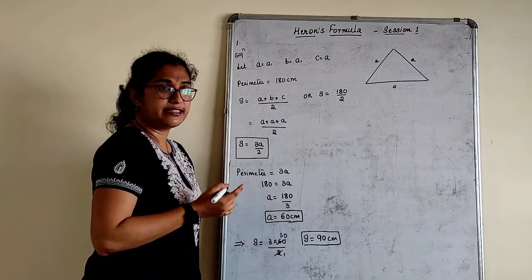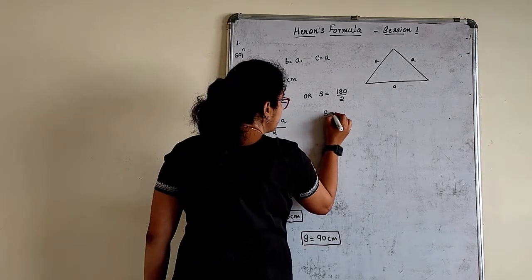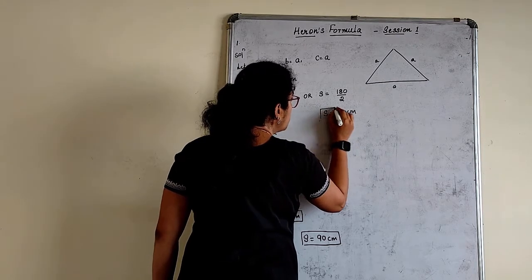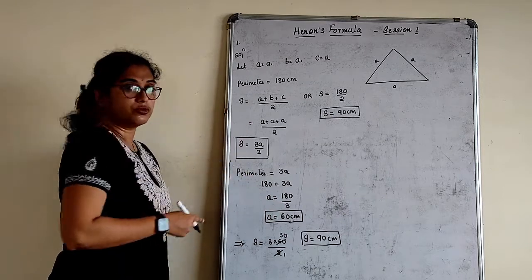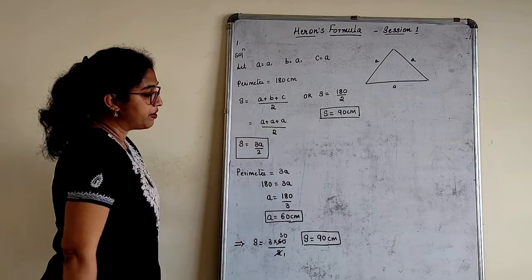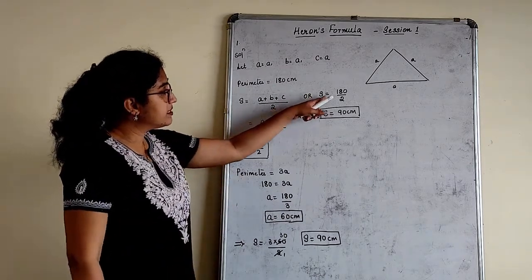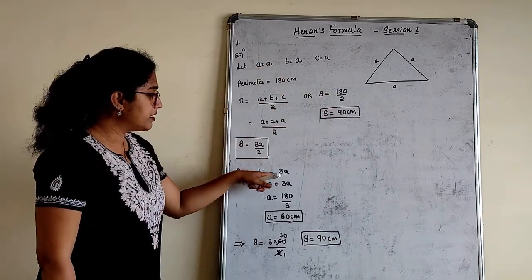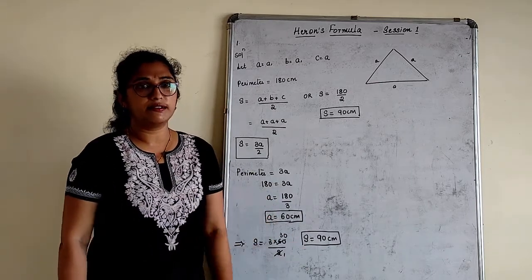Directly I will get s is equal to 90 centimeter. Just to tell you how to find s here also. But a to find, we have to do this. When we get 60 centimeter, s can be found out like this also. It's up to you again. s is equal to 180 by 2, s is equal to 90. s value is found out. Perimeter is equal to 3a and a is equal to 60. a and s value are together there.